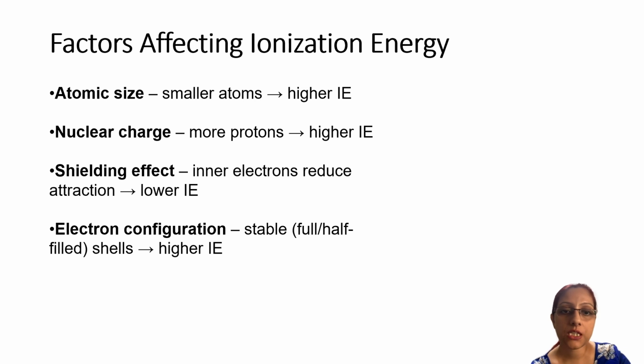Finally, electronic configuration also affects ionization energy. Atoms that have completely filled or half-filled subshells are more stable, and because of this stability they resist losing electrons, so they have higher ionization energy. Overall, small size, stronger nuclear charge and stable configurations increase ionization energy, while greater shielding lowers it.